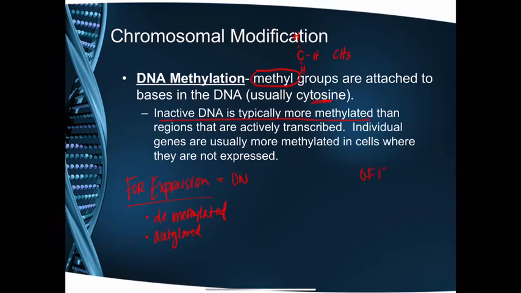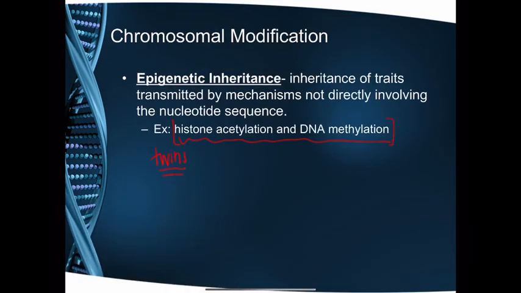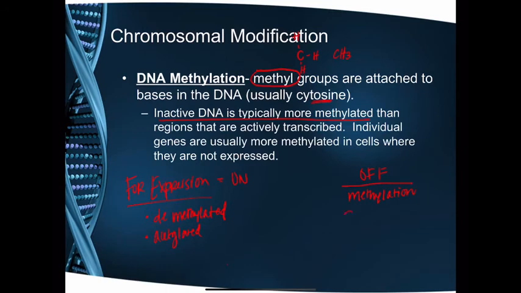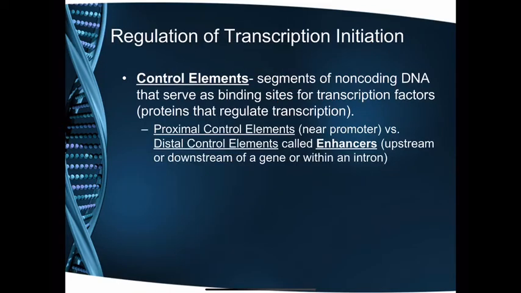If we're trying to turn off those genes, we want methylation and deacetylation. And this is the euchromatin. And this is the heterochromatin. Okay? And so those are, again, just changes to the DNA that affect the gene expression.